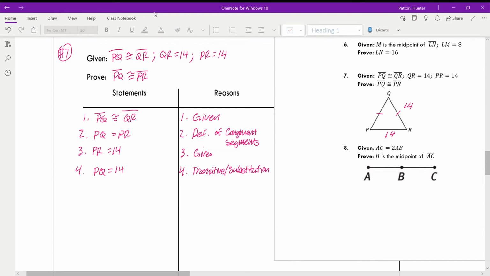So PQ is equal to QR. PR is equal to 14.